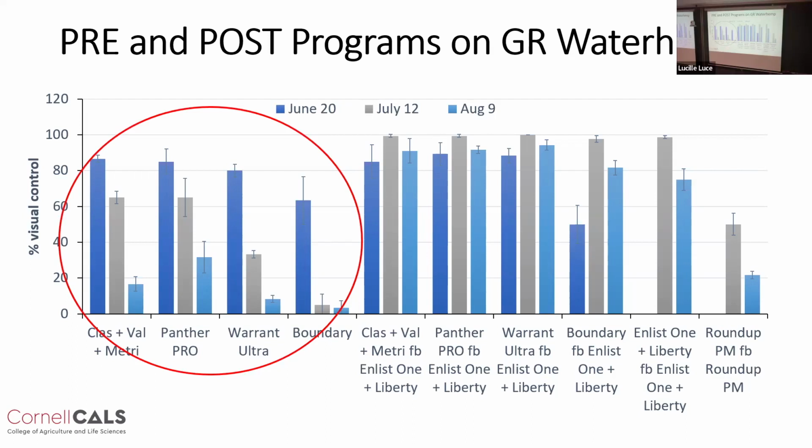But where we had pre followed by post options, we had better control throughout the season, if you look at those three ratings for glyphosate-resistant waterhemp. So we are trying to repeat these experiments and educate our stakeholders on what options they have to pick if they have a problem like a glyphosate-resistant weed population.